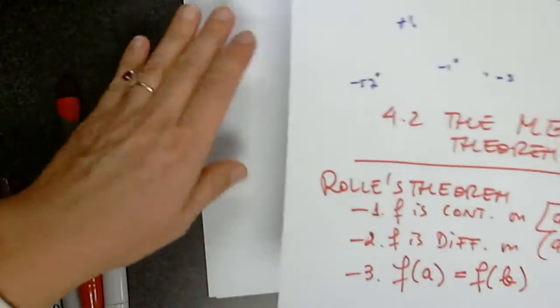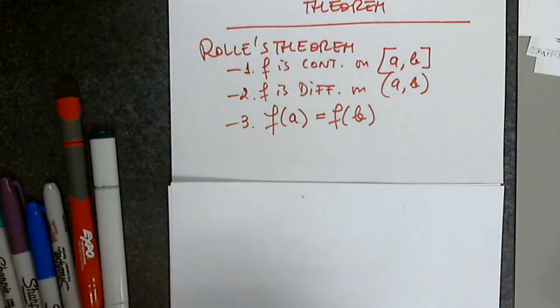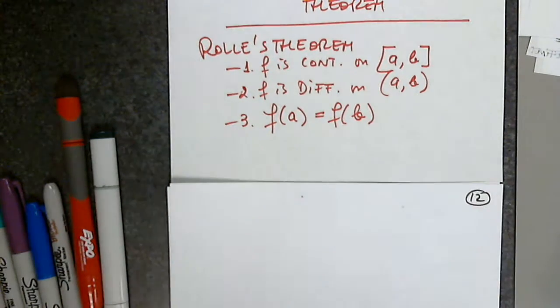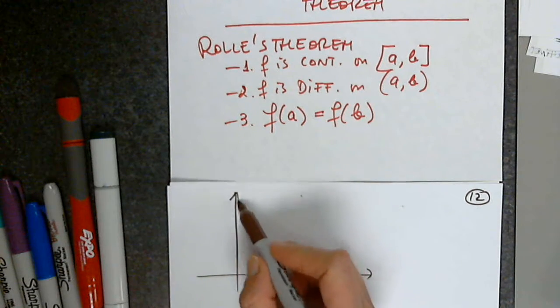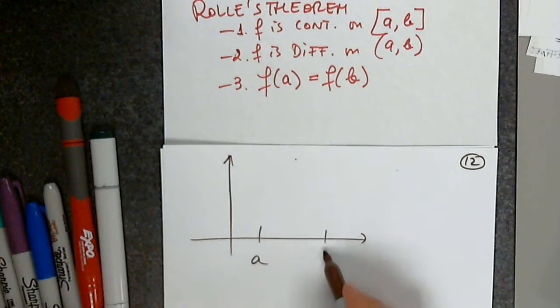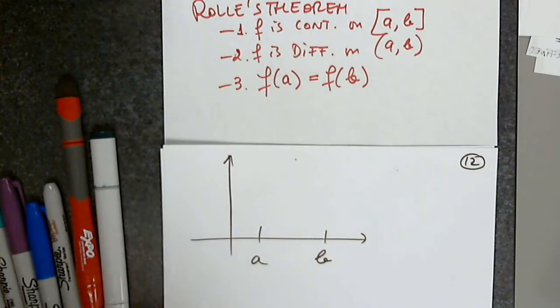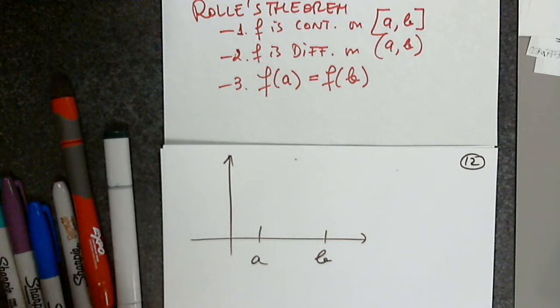So let me show you a graph of such a situation, and then we'll draw the conclusion together. So here's the graph of a function on the interval [a, b].